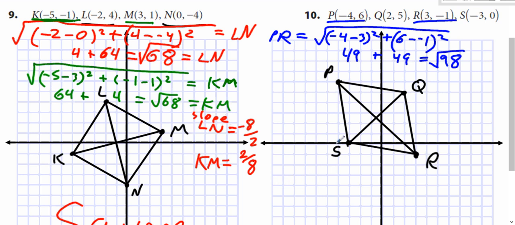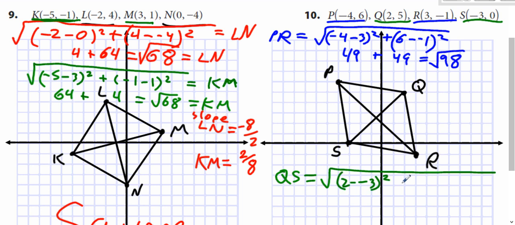And then the other diagonal will be QS. So same distance formula, you take the x minus the other x. So 2 minus negative 3 squared. And y minus y is 5 minus 0 squared.